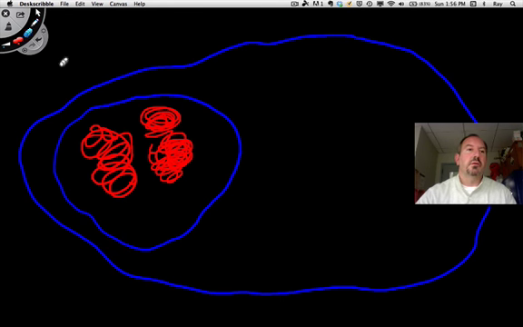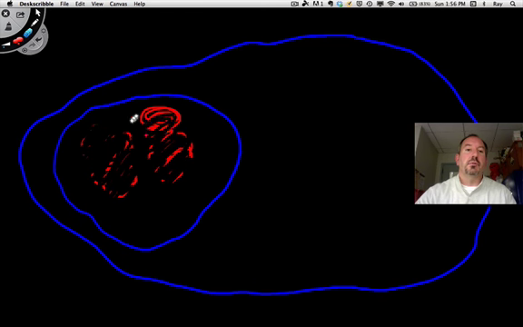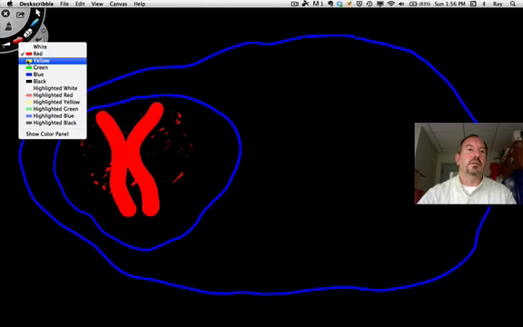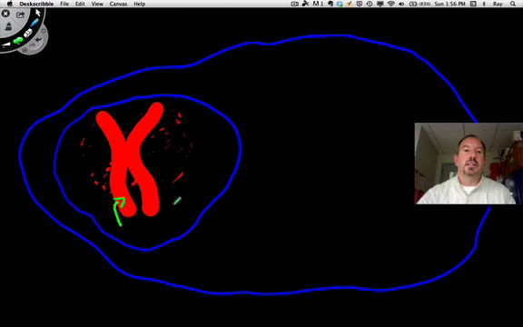If I erase the chromatin, we're going to coil it up around histone proteins, and instead of making lots of different chromosomes, let me just say that we have one large chromosome, like this, in the nucleus. Let's say that one side is called a sister chromatid and the other side is a sister chromatid, and so this whole thing is a chromosome.